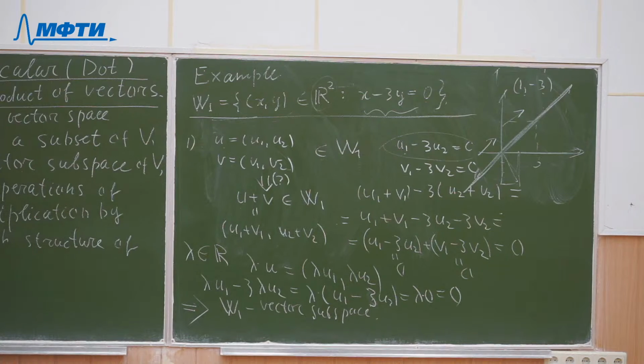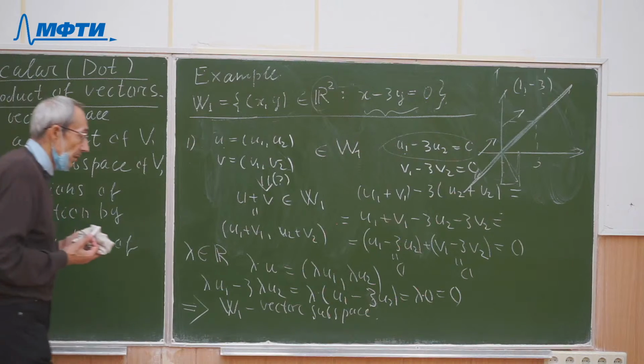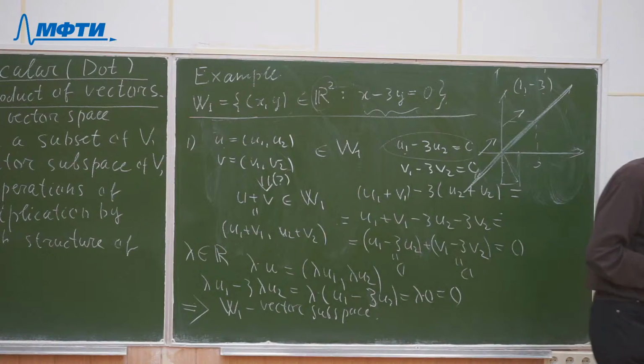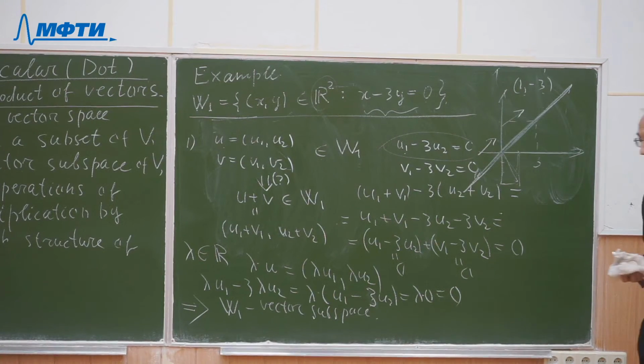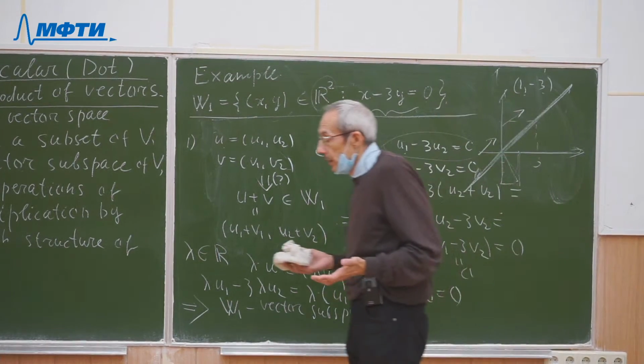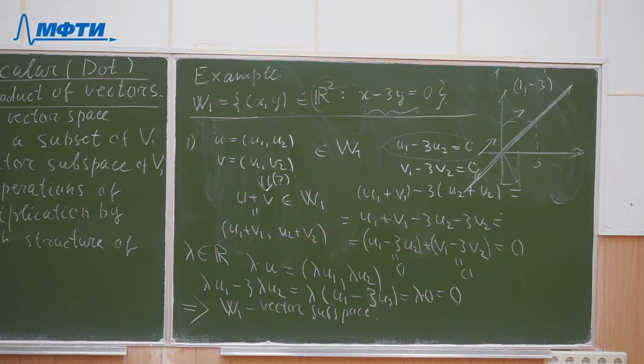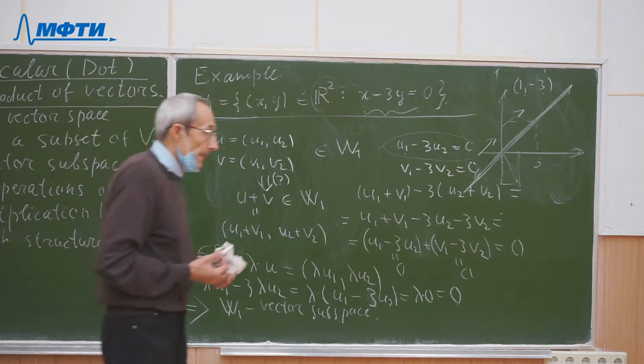We have axioms which define the algebraic operations, addition and scalar multiplication, but from these axioms it does not follow that we can also measure distances or angles.